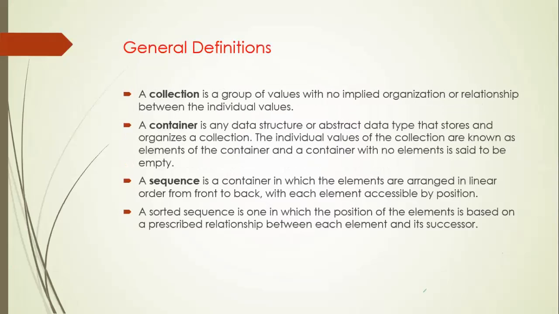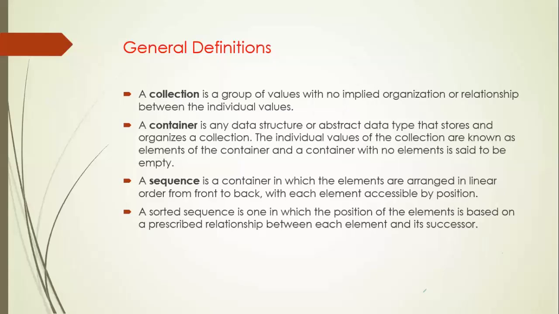Right? General definitions. A collection is a group of values with no implied organization or relationship between the individual values. Then a container is any data structure or abstract data type that stores and organizes a collection.